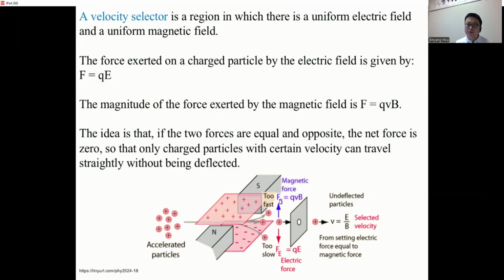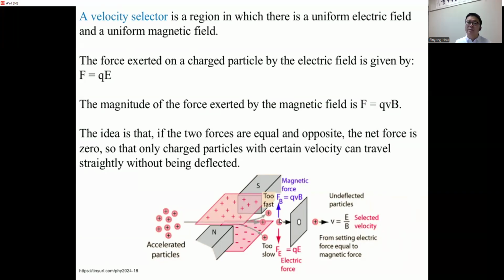Okay, so if these two are equal to each other, then the particle that has that particular velocity, if you set these two equal, QVB equals QE. So Q and Q cancel, and V is then equal to E over B. The particles with the velocity of E over B will go straight because they do not experience a net force.